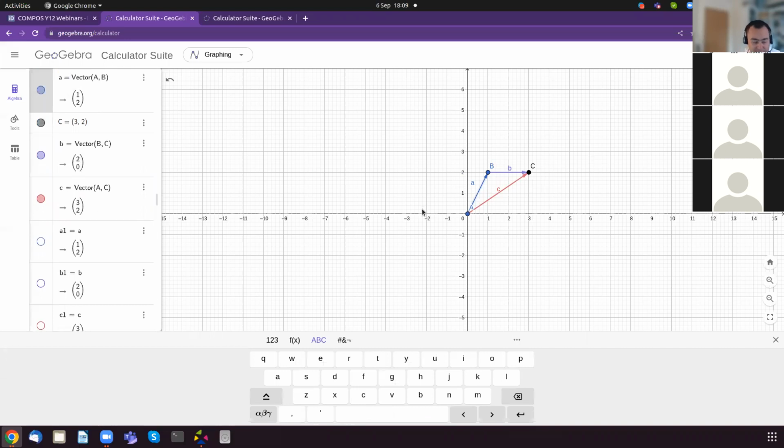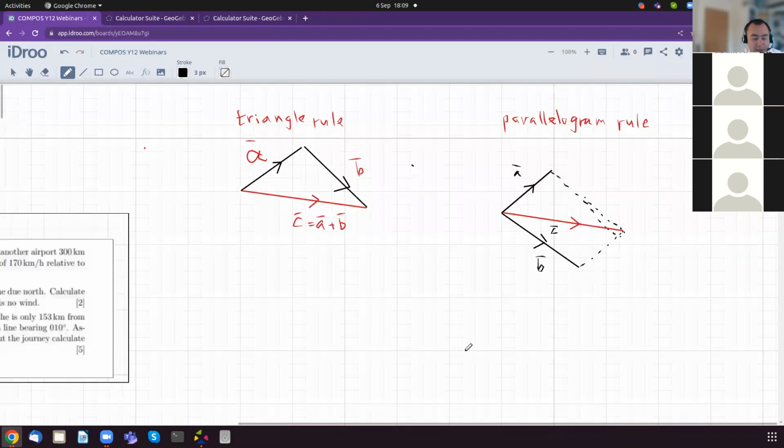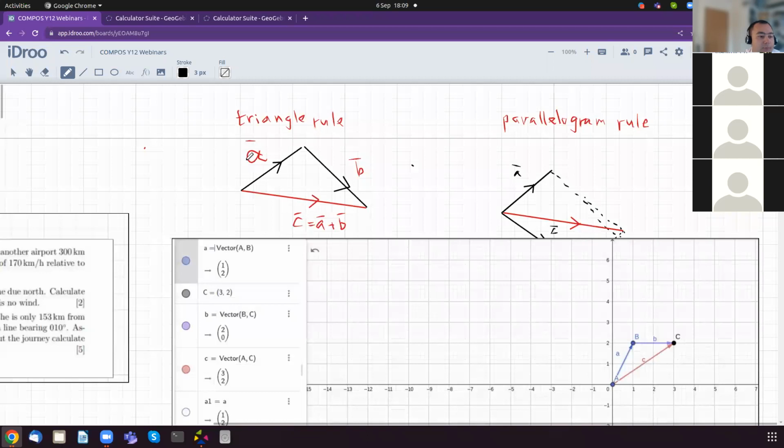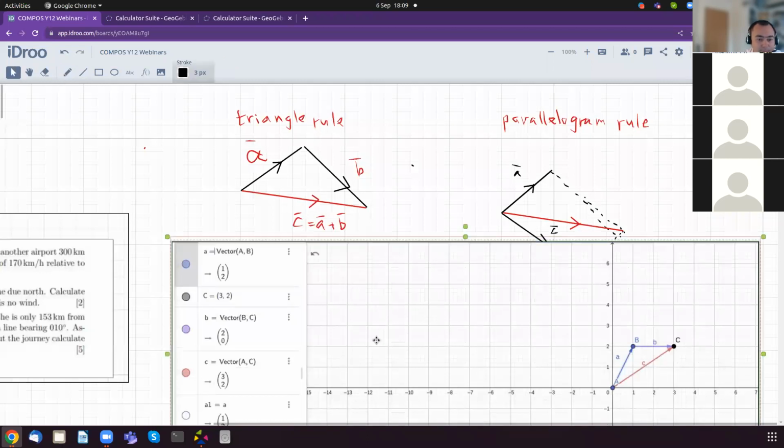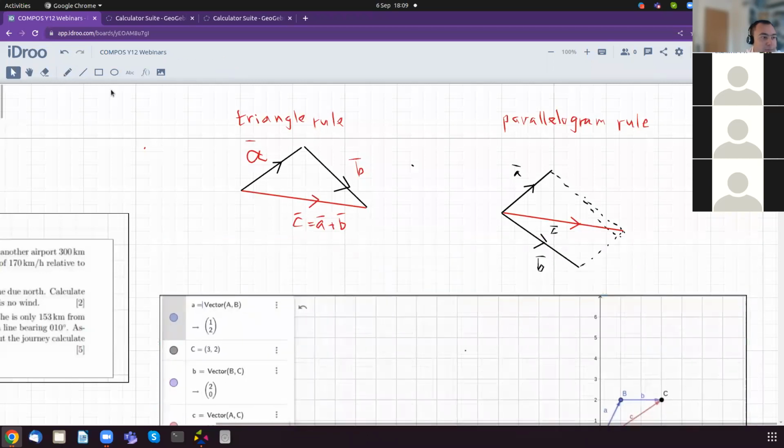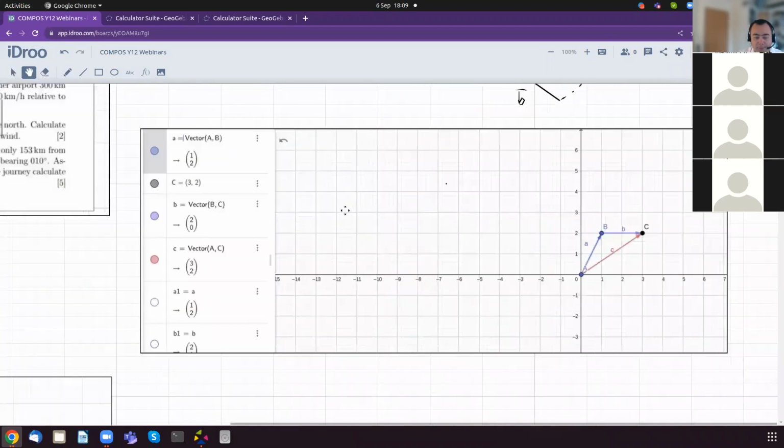So we are adding the two vectors. Let us take a screenshot of that and paste it here. Okay, so just to reiterate.